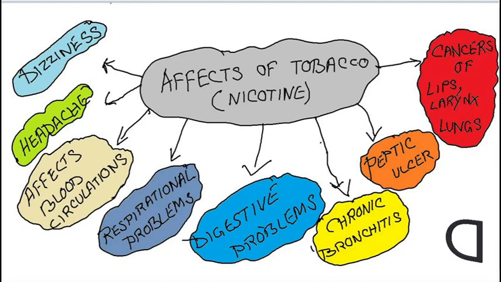People also sometimes use alcohols such as methyl alcohol and isopropyl alcohol. But methyl alcohol is toxic, deadly poisonous, and it may cause blindness and even death.